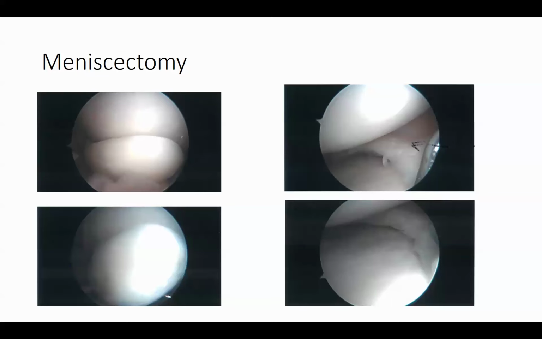In terms of red, red, red, white, white, white, it looks red, white to me. Yeah. So if it involved more of a red, red capsular junction, I proceed more towards repair.